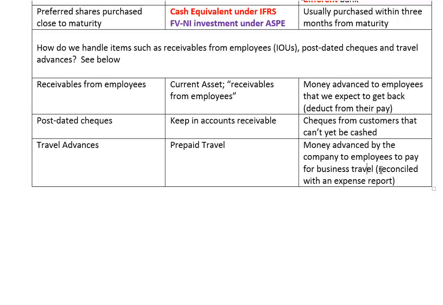And once they come back from their trip, they would submit an expense report and they would look at what they spent as opposed to what we advanced them. But the idea is because we gave them money in advance, we've prepaid all or part of their travel expense. So that prepaid travel would be a current asset, but notice none of these are cash, but they are introduced in the chapter, so I thought we should discuss them.